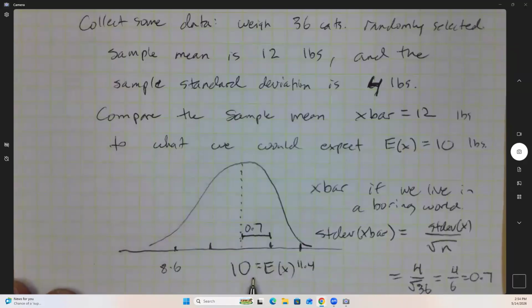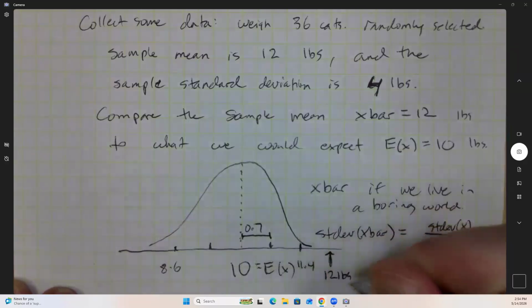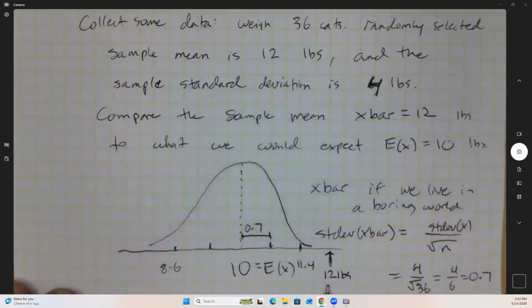What was our sample mean? 12. Oh, it was way out here. What do you think? How likely is that? Very likely? Very unlikely. This is very unlikely in a boring world to have seen 12 pounds or more for my sample average.